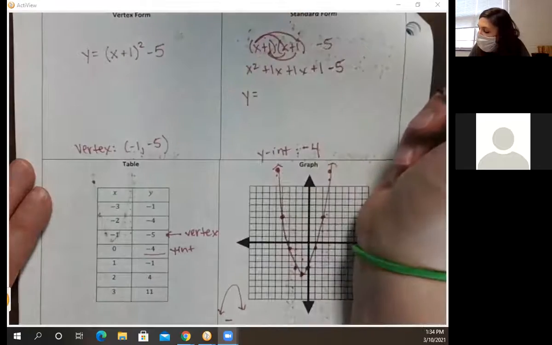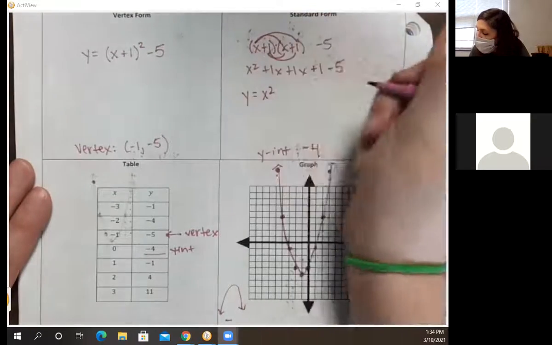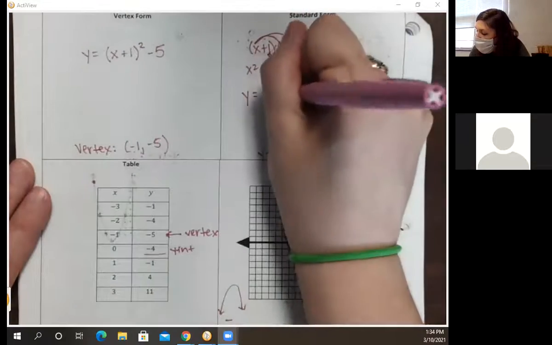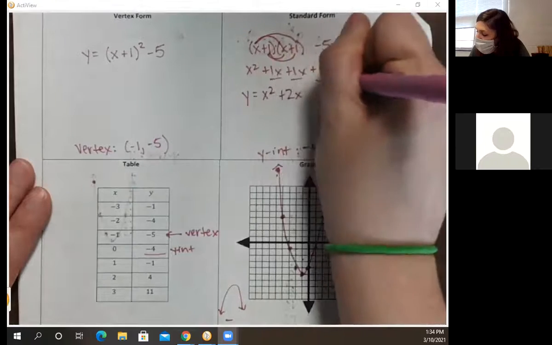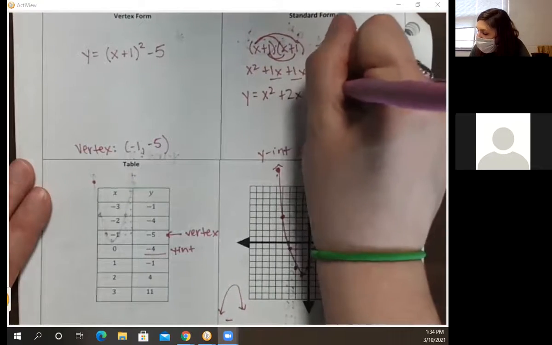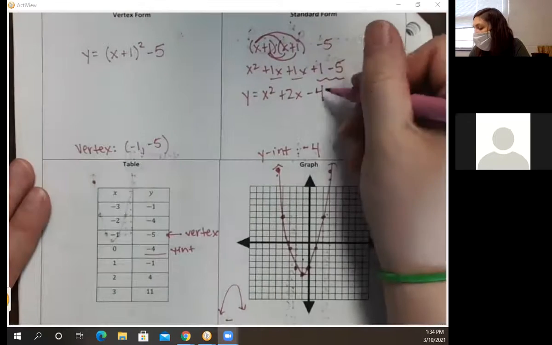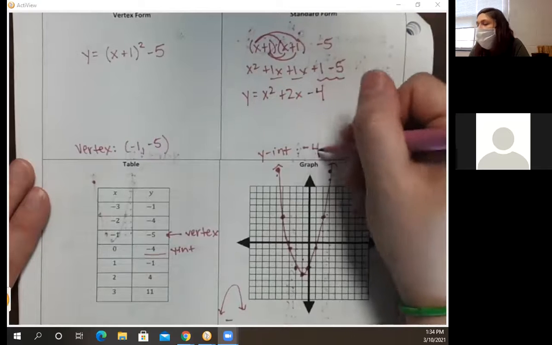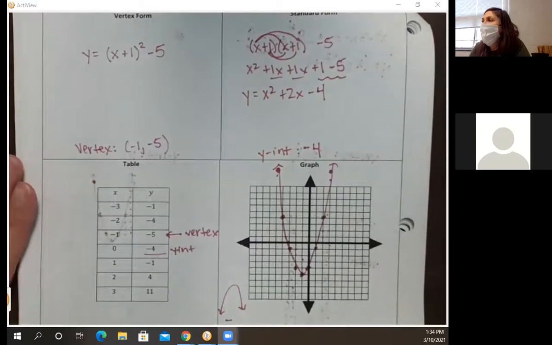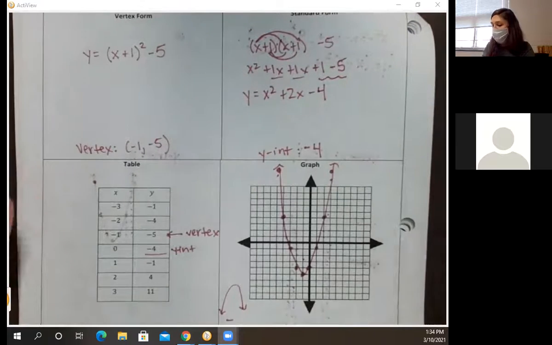So for standard form, I get y equals x squared plus 2x minus 4. And if I look at my function, that constant term matches what I had for my y-intercept. So that's good. Questions for me on page 14.